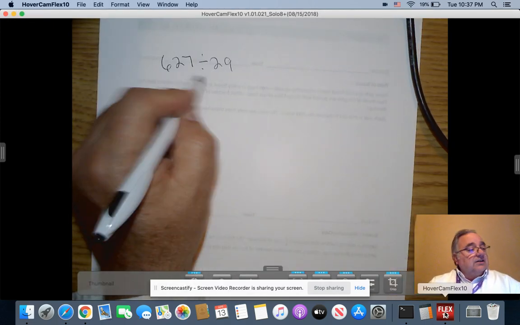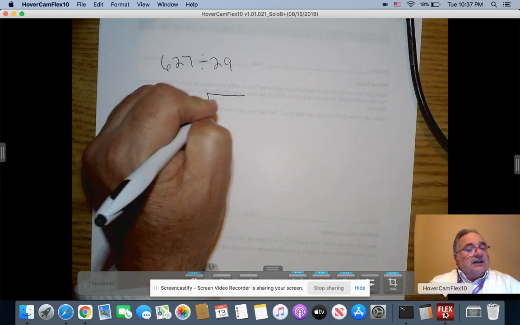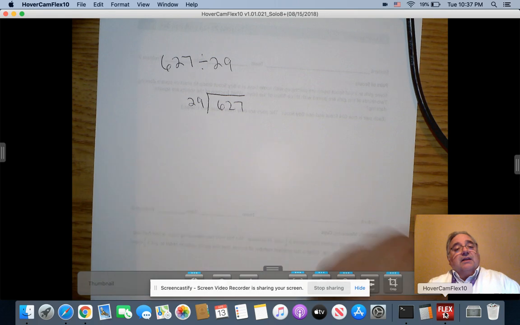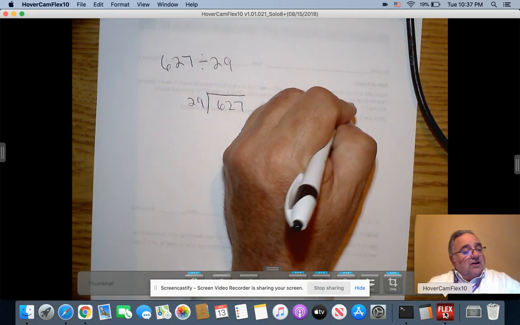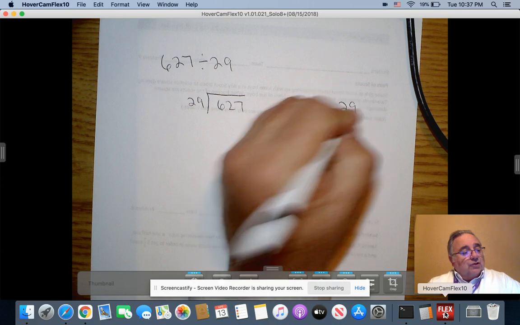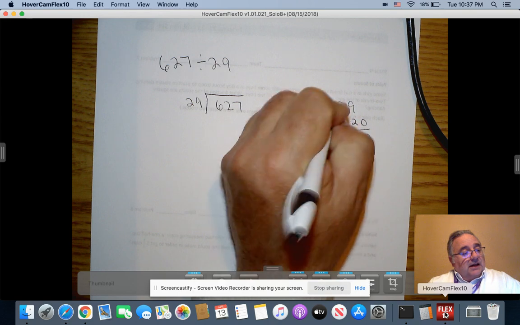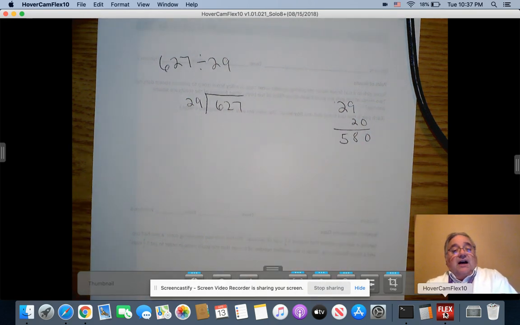So I'm going to take 627. I'm going to put it under the tabletop because it's a lot easier for me. 29. Now I know that 30 times 2 gives me 600. So I'm going to try 29 times 2. Or actually 20. That gives me 580. I think that's pretty close to 627.